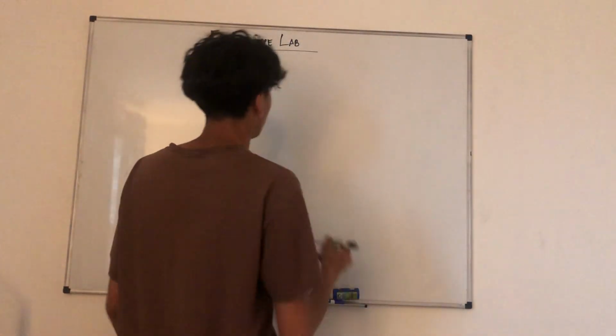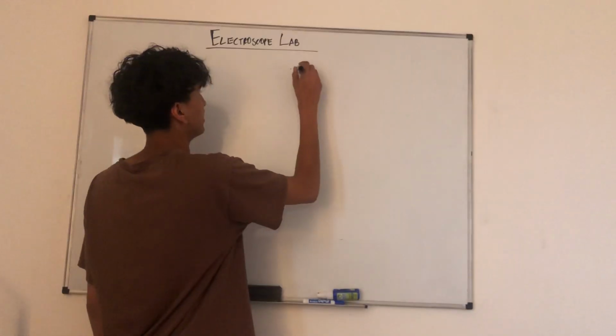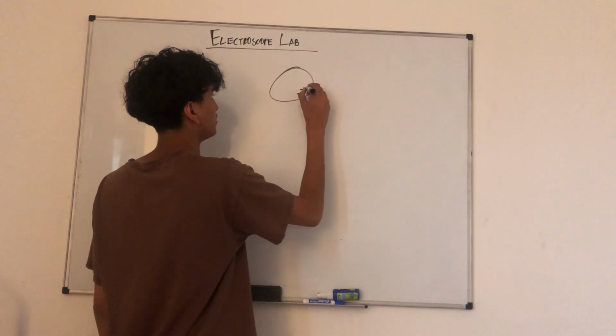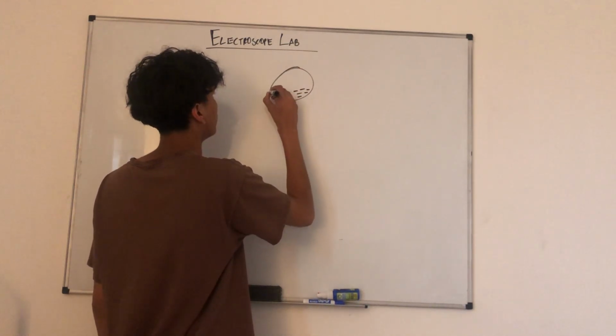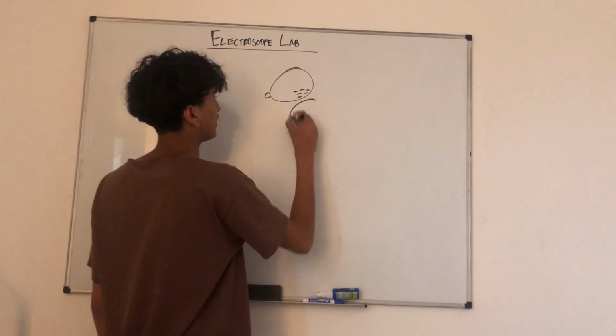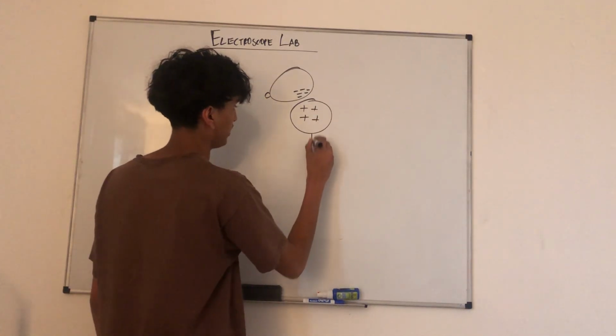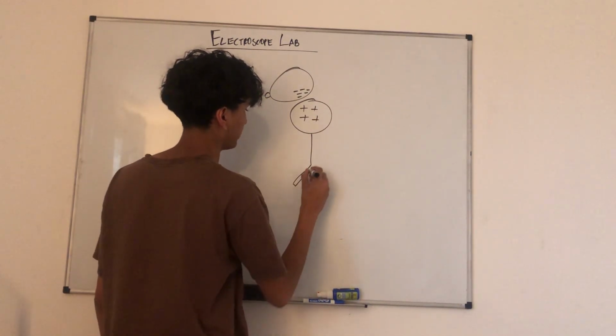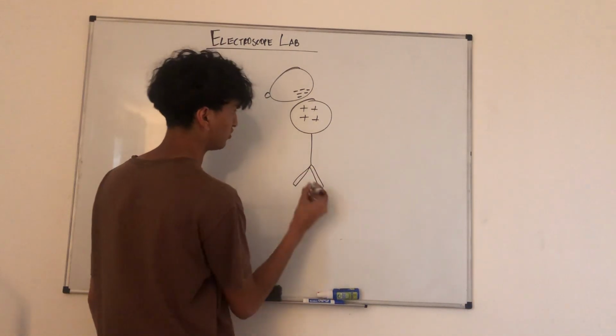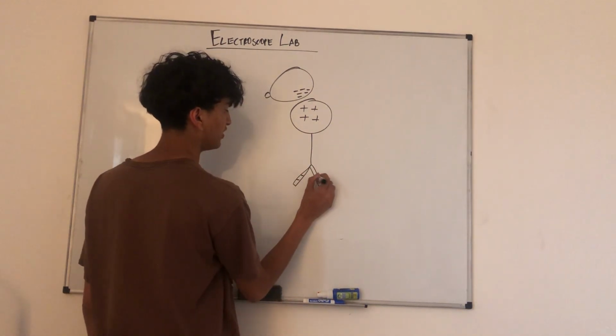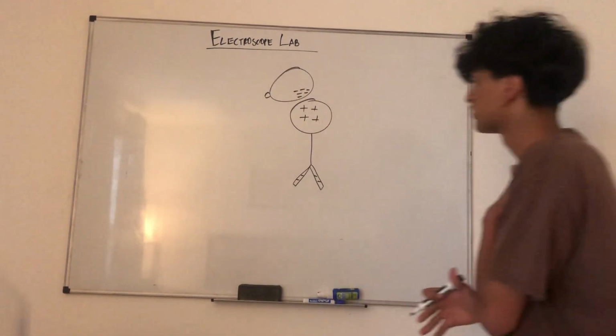So when we have our balloon and it has that negative charge, if I bring my electroscope, I know there's going to be more positives up here, and I'm just going to draw it like this. It's a bit easier to draw. More negatives here. But it's still neutral.